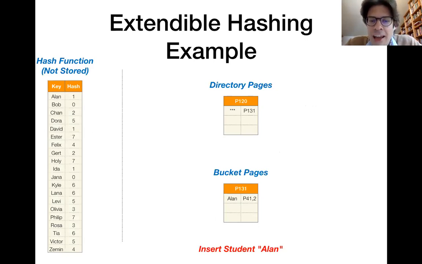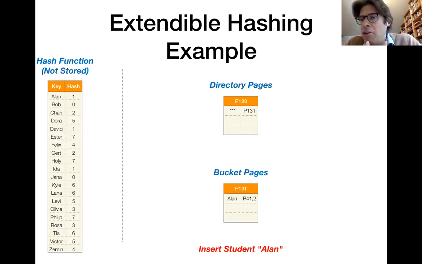So in this example, I have extendable hashing, and on the top of the page, you see the directory pages. Right now, that's only a single one, page 120. And on the bottom of the screen, you see the bucket pages, page 131. Right now, we only have one single page that stores data entries, which is page 131.